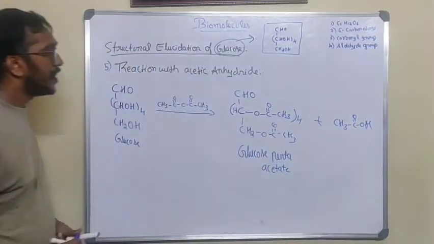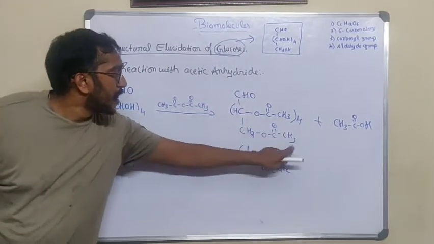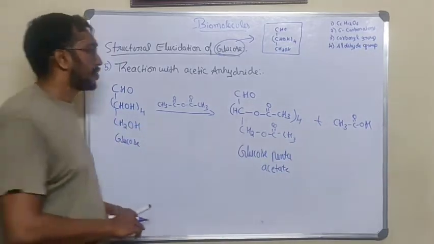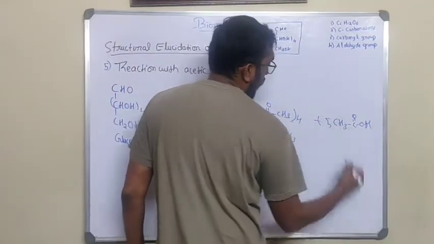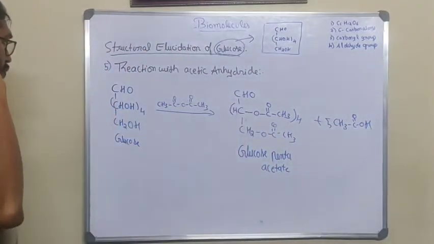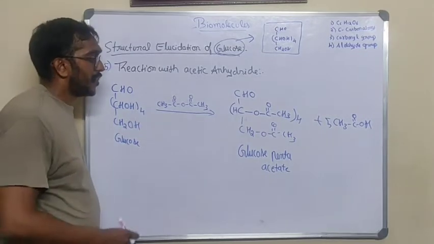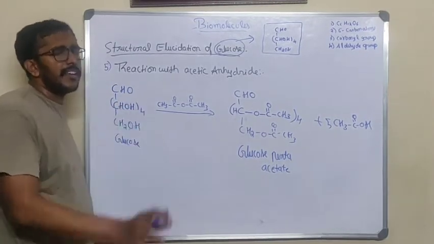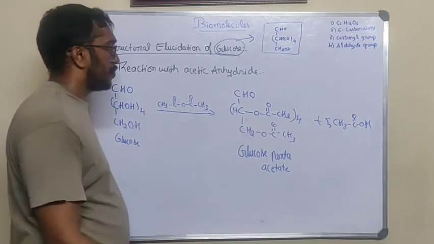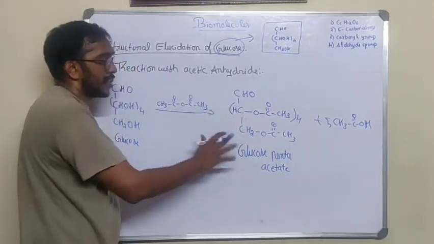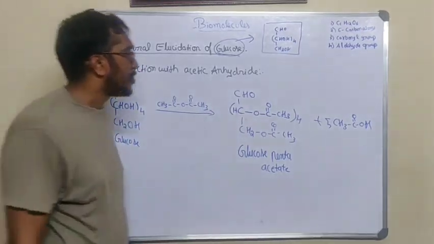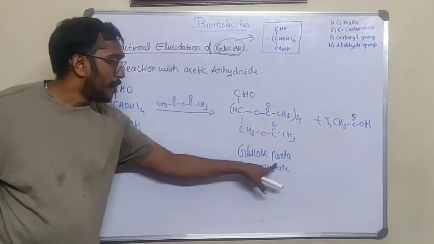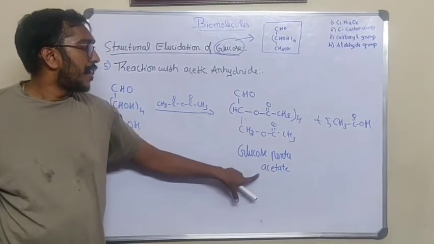Glucose pentaacetate. And it also forms one more byproduct, CH3COOH. How many substitutions here? 4 plus 1, 5 substitutions. So 5 carboxylic acid molecules are going to form here. It is very clear that if there is an OH group, we are going to get this kind of acetate product. How many did we get now? Pentaacetate.